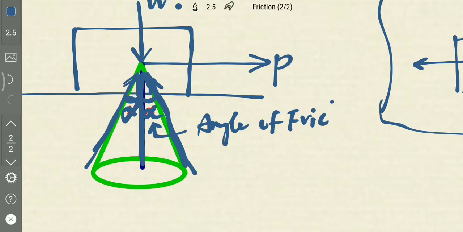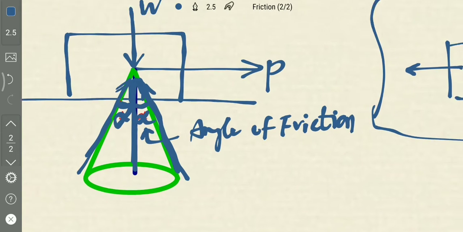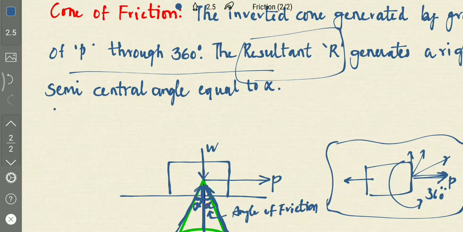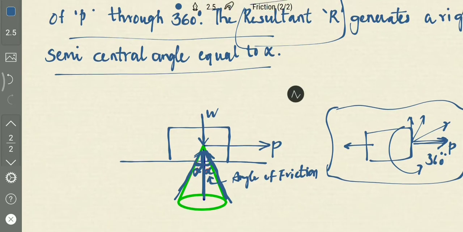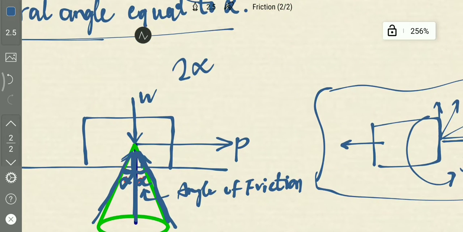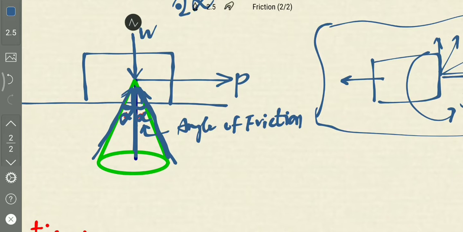So the cone will have a semi-central angle equal to alpha. So the angle of cone will be 2 alpha, and semi-central angle, which is half of the angle of cone, is alpha.